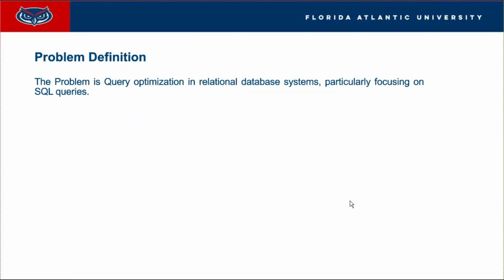The problem clearly discussed in the research paper is query optimization in relational database systems, particularly focusing on SQL queries. Query optimization involves generating an efficient execution plan for a given SQL query from a space of possible execution plans.